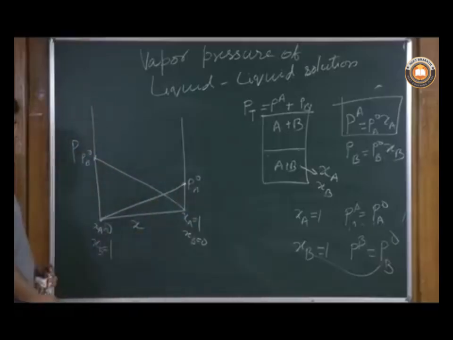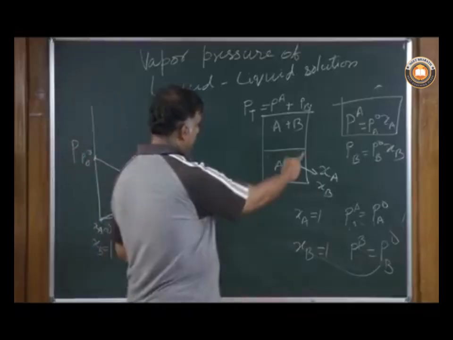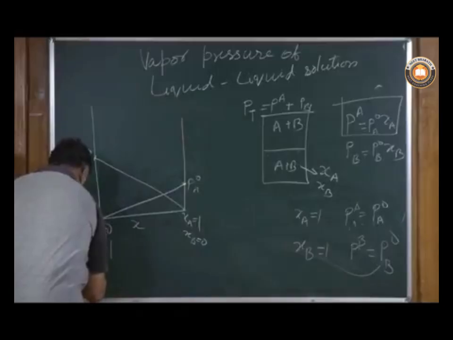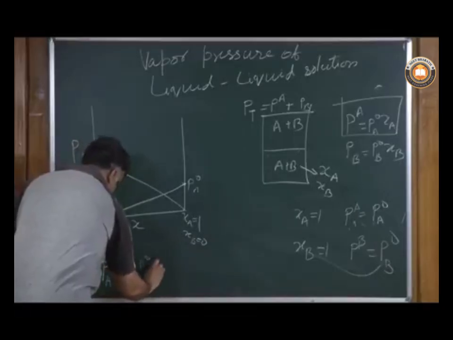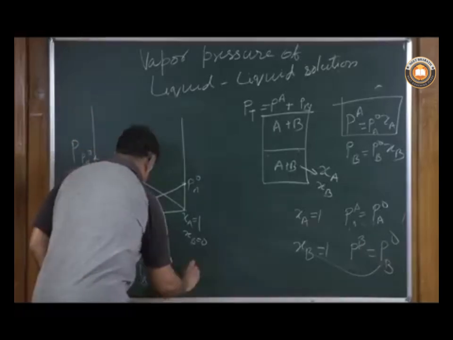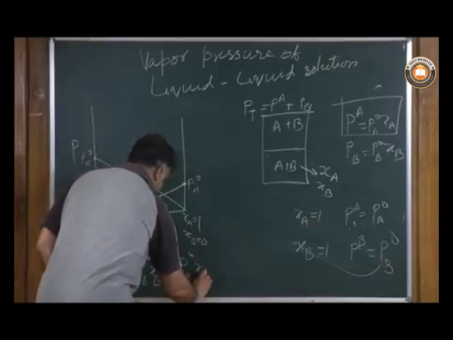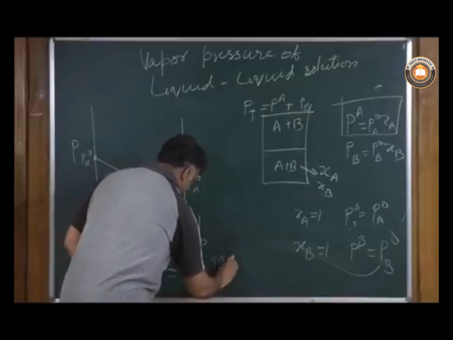What about the total pressure? Okay. The total pressure we can calculate from this equation. So, total pressure is P A 0 x A plus P b 0 x b, and I can substitute x b is equal to 1 minus x A. So, we get P A 0 x A plus P b 0 (1 minus x A).